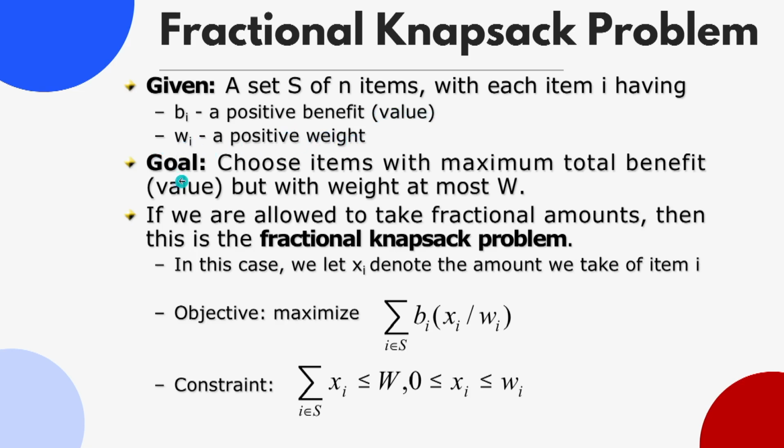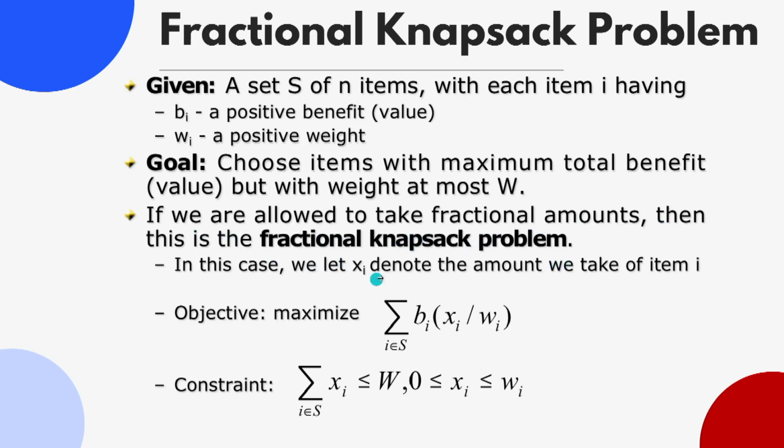The goal here is the same. We want to choose the items with maximum total benefit value, but with weight at most capital W, where capital W is the maximum weight that could be carried in the knapsack. If we are allowed to take only a fractional amount of every item, then this problem is called the fractional knapsack problem.